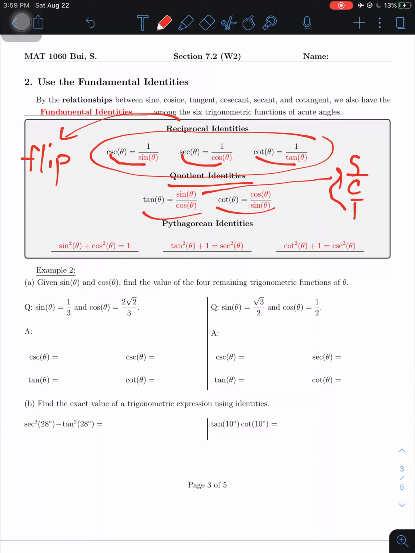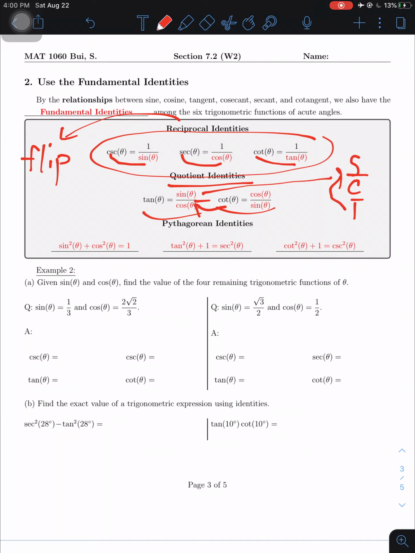For cotangent equals cosine divided by sine, well, you don't have to remember this. You just have to remember that cotangent is the flip of tangent. That's why you just flip them. That's enough, right? To me, that's not that important. If you can embrace it in your brain, that's cool. If not, that's fine.